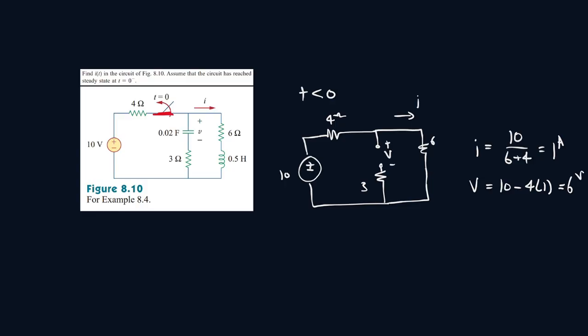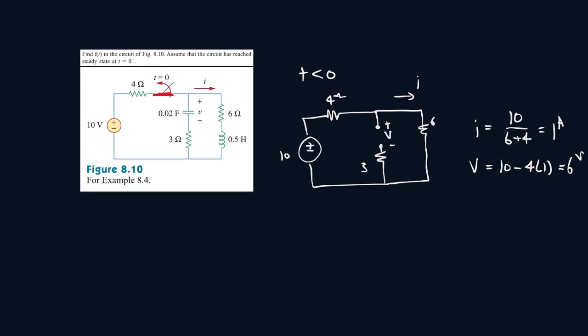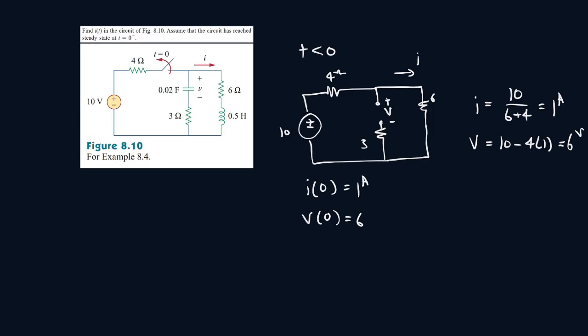Okay, so this is going to be your I at 0, and this is going to be your V at 0. Obviously when t is equal to 0, these values cannot change instantaneously. So the second this switch is opened, the voltage here and the current here will be these values when t is equal to 0.